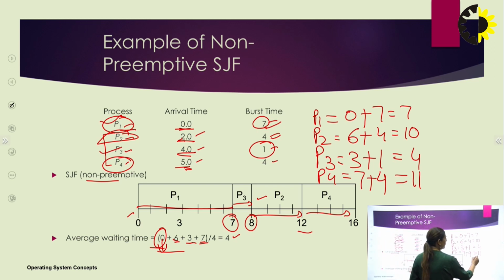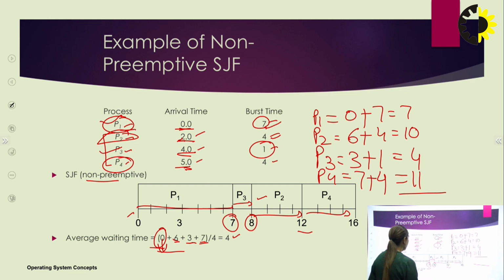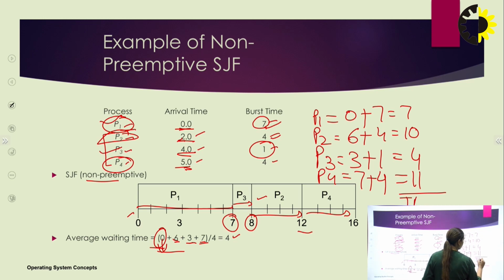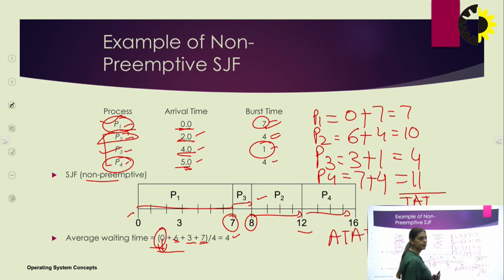If you want to calculate the average turnaround time, you total it, and you will get the total turnaround time. Then the average turnaround time will be the total turnaround time divided by the number of processes.